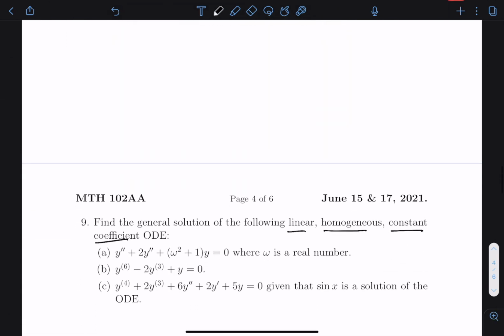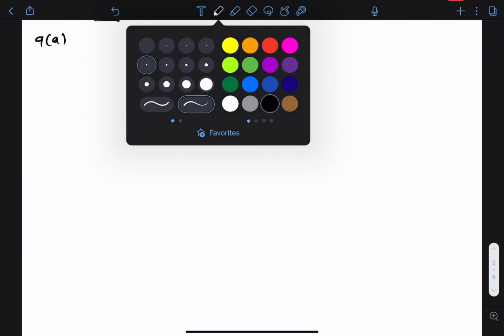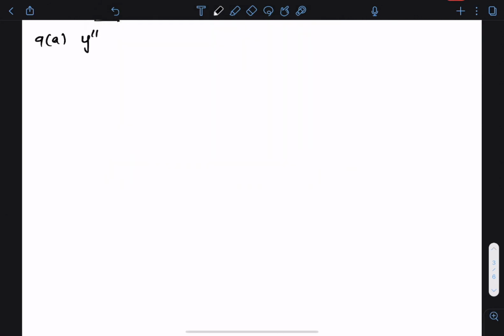So if you look at the given equation, it's y double prime plus 2y prime.